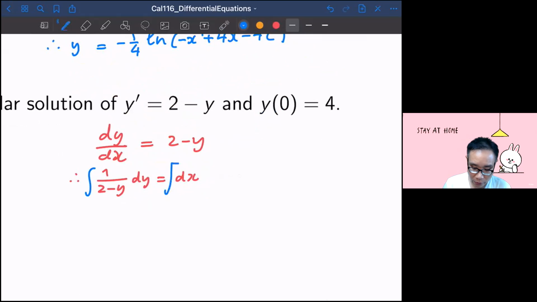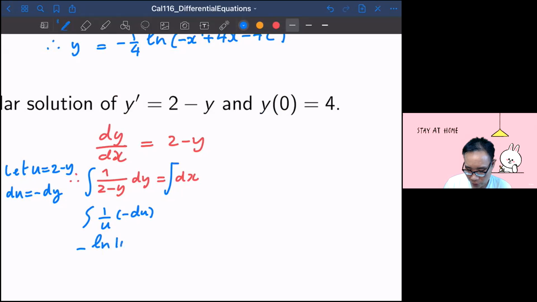Okay, to integrate 1 over 2 minus y, you would let u be 2 minus y, and you have du equal to negative dy. Okay, and you're going to integrate 1 over u, and you have minus dy, so it's going to be minus du. So you get negative log absolute value of u.